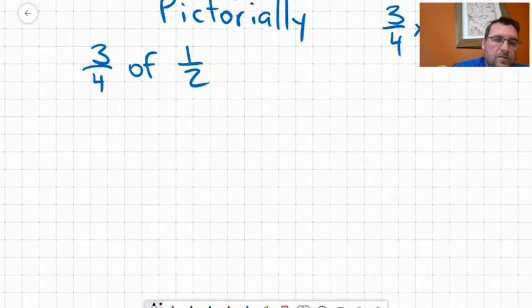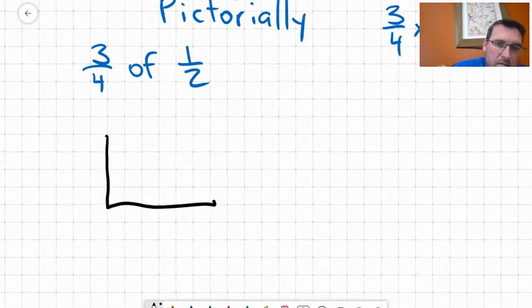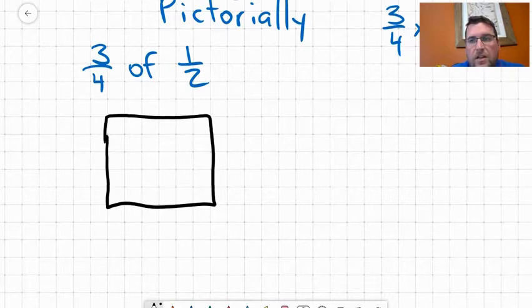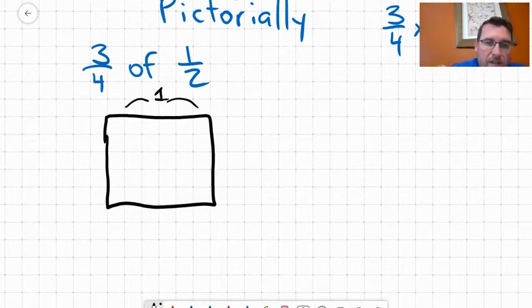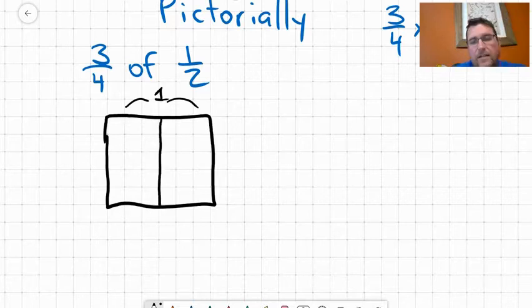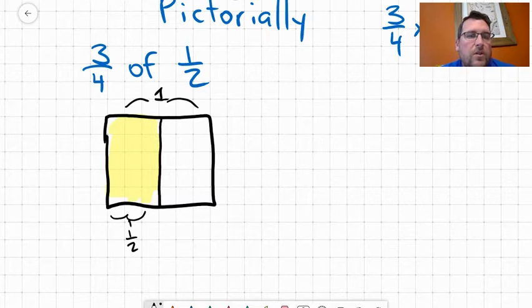If this square or rectangle is equal to one whole, then if we took that and divided it vertically first, and then shaded it in yellow, then there would be 1/2, right? So that piece right there is equal to 1/2, and I could even label that right here as 1/2 because the whole thing is a whole.